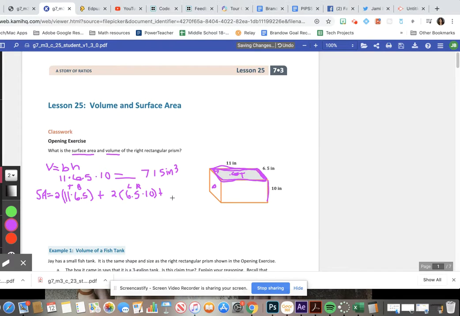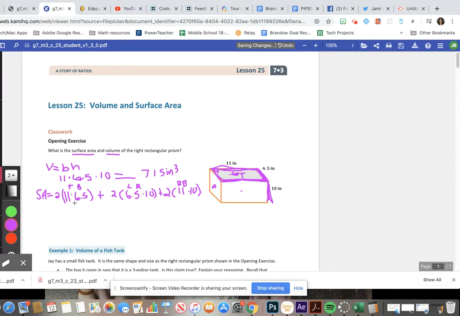So far that's 4 of my sides. I've done top and bottom, left and right. I need to do front and back, and there's 2 of those. And those are this side, which is 11 by 10. So they are 11 times 10, and then that's front and back. Whoops, that doesn't look like an F, but you get it.